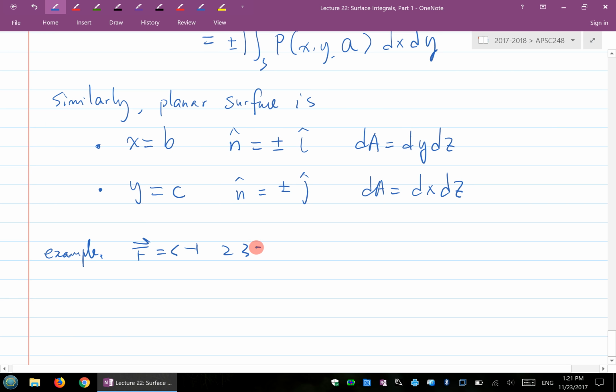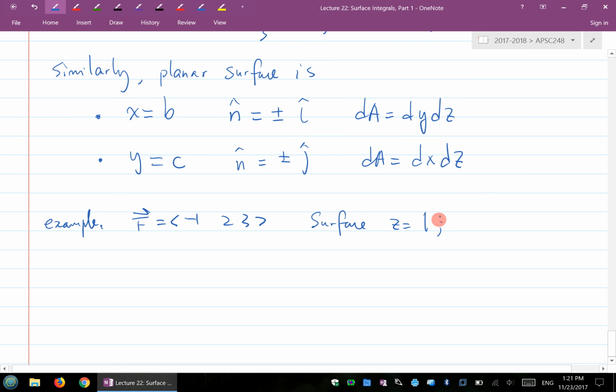Here's a surface z equal to 1, and then x is between 0 and 2, and y is between 0 and 3.